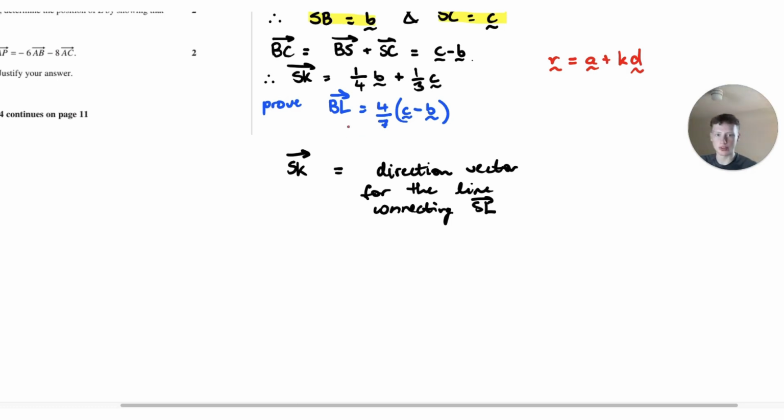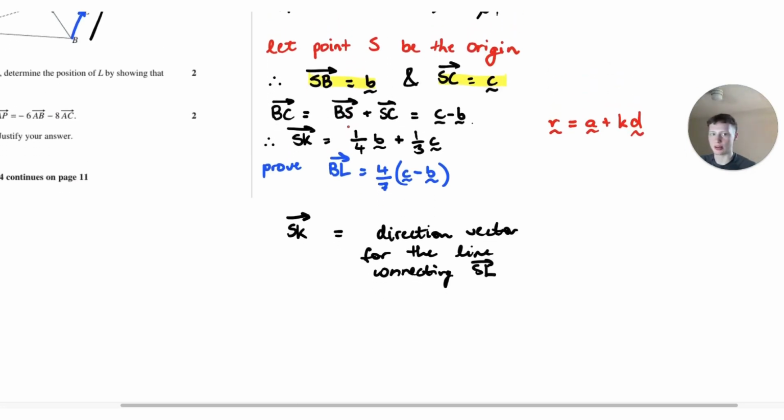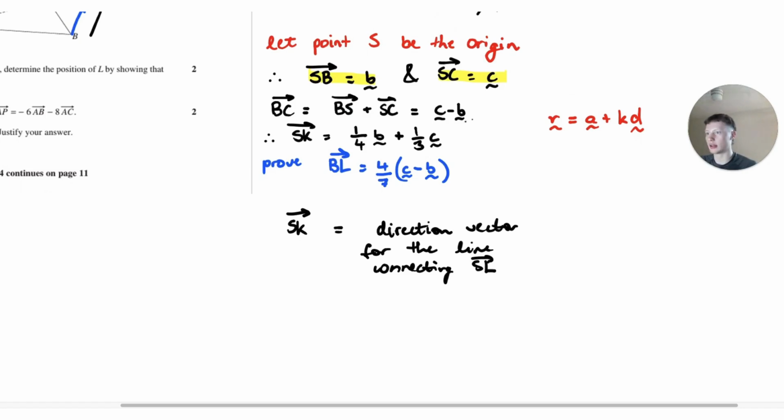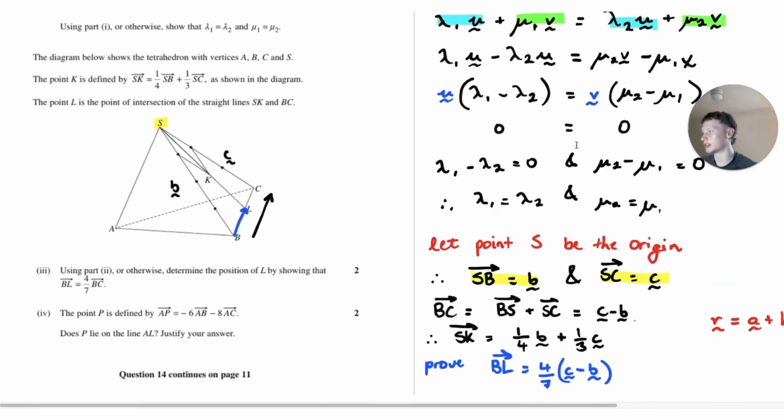We already know this. And then A, sorry, can be our starting point, which is S in this example.